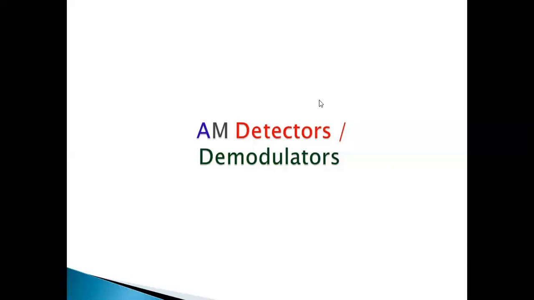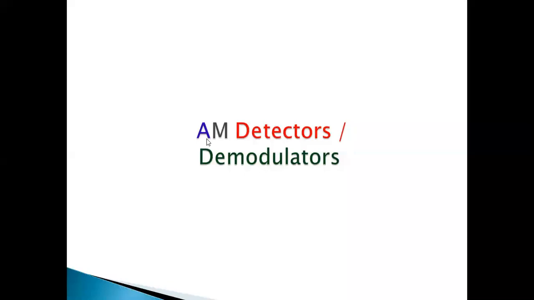So the converted signal is high frequency, and the reconverted signal is low frequency. That is called detection, or demodulation. Now we are going to use one of the methods for detecting the amplitude modulated wave.